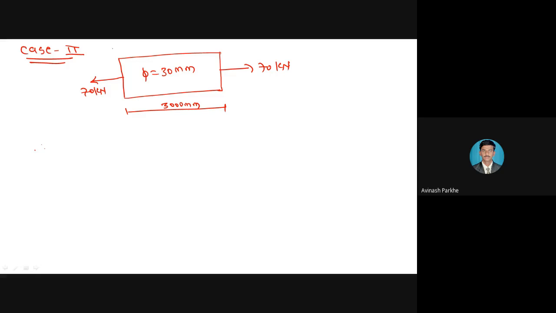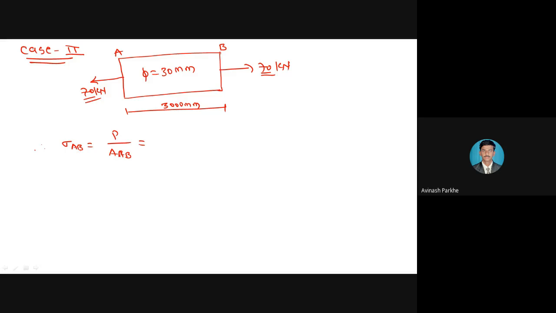Let us consider this is the section AB. Therefore, I have to calculate sigma of AB is equal to P upon area of AB, like the previous one. Here, whatever 70 kilonewton force is applied, it is also applied gradually.